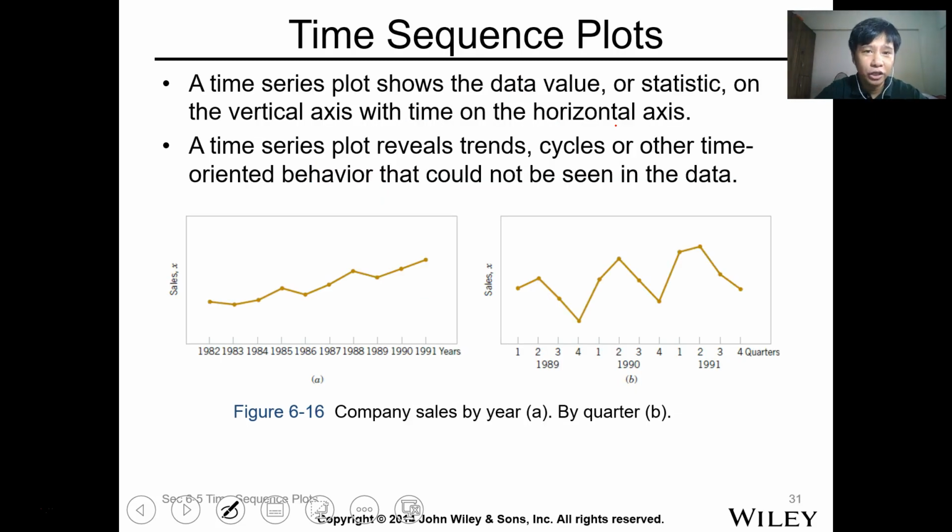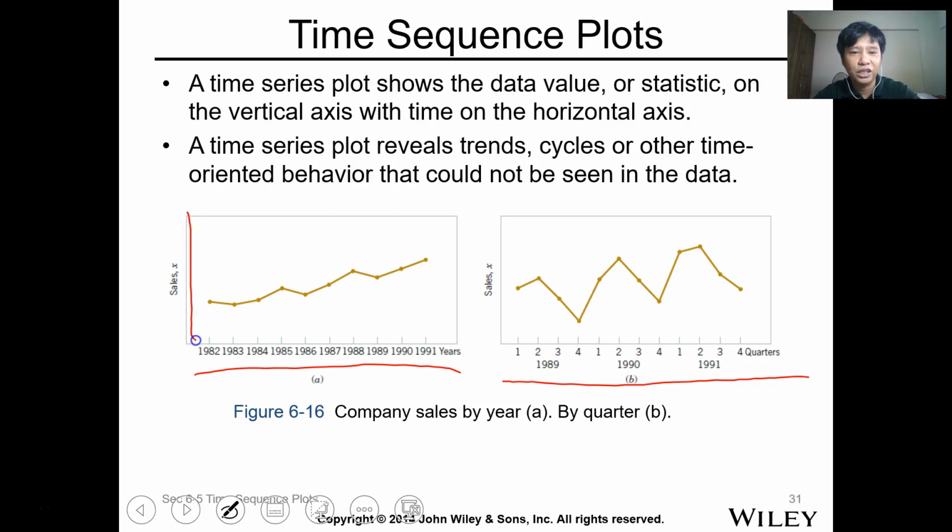Okay. Now, for a time sequence plot, basically, it is plotted against time in increasing order. A time series plot shows the data value or statistics on the vertical axis with time on the horizontal axis. So, ito yung statistical data, ito yung time data.